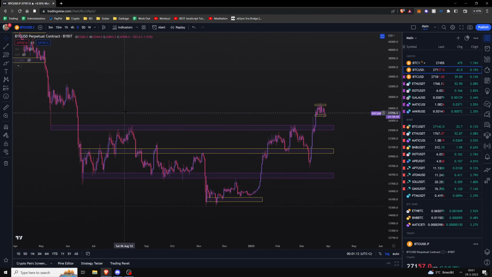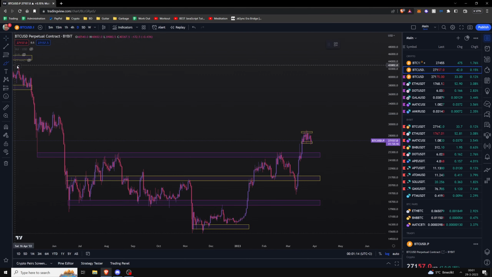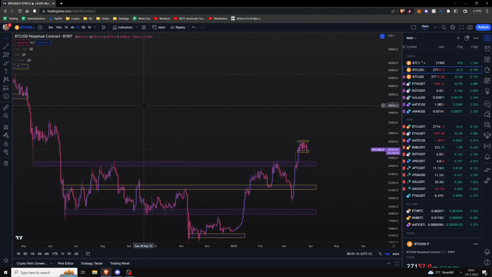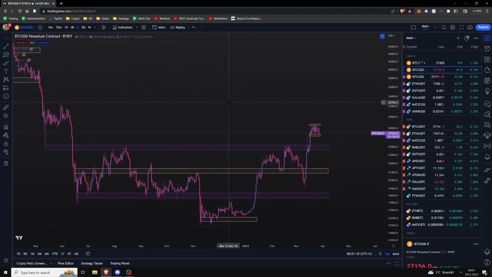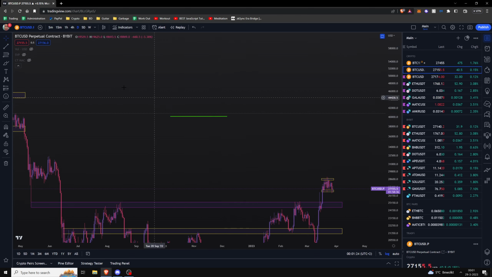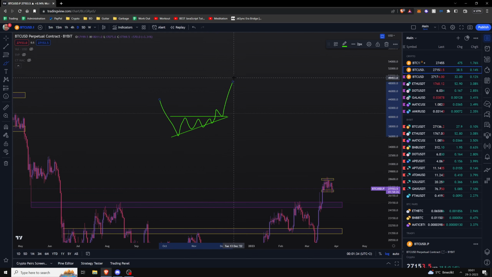So we went over bottoming and topping patterns, right? Like the head and shoulders, and the double tops and the double bottoms. Another way we can look at these is, a very popular one you'll see, ascending triangles and descending triangles. So this is where price will essentially trade like this, and these can also form as bottoming patterns, but you can get these at the tops as well for continuation.